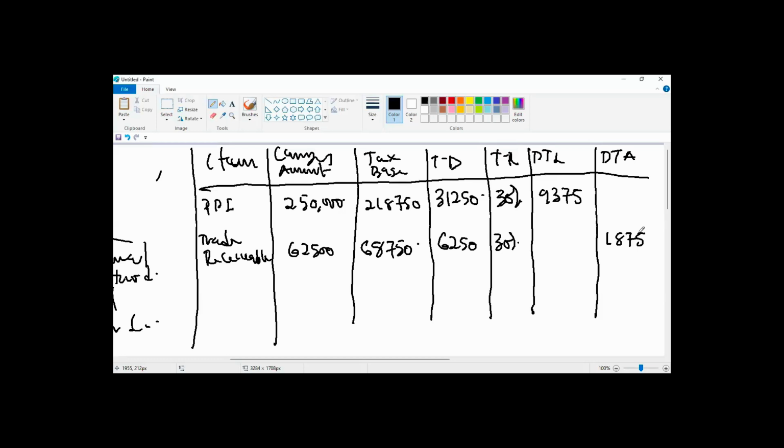Interest receivable. They will give me the carrying amount. 1,250. But note 2 says interest, either receivable or payable, is taxed on cash basis.